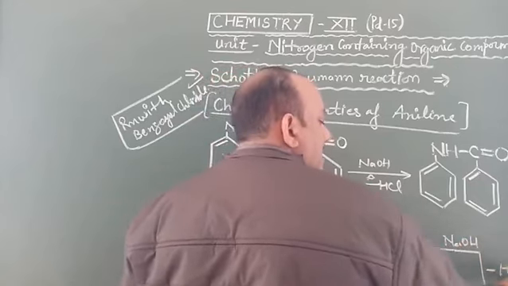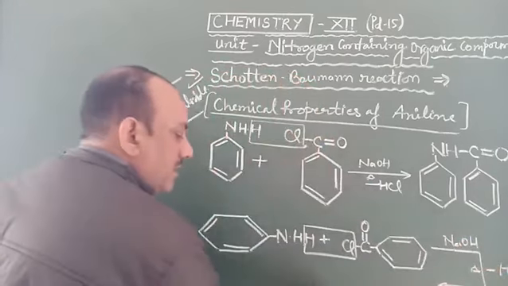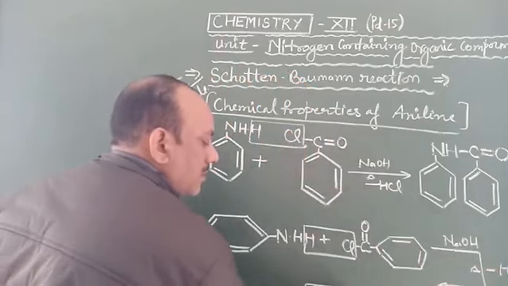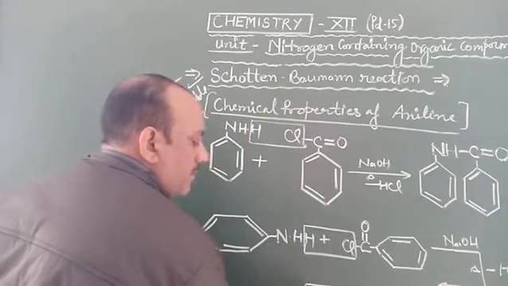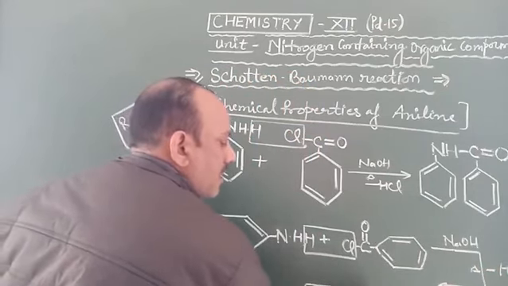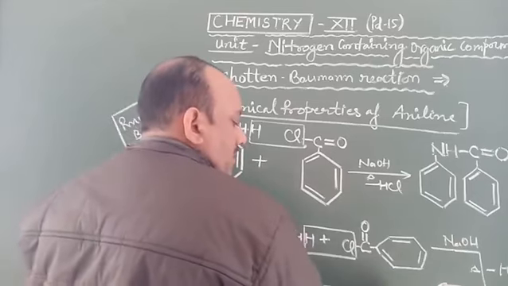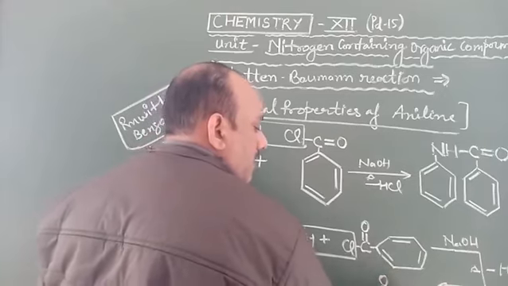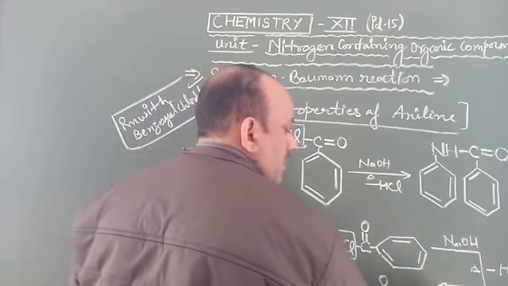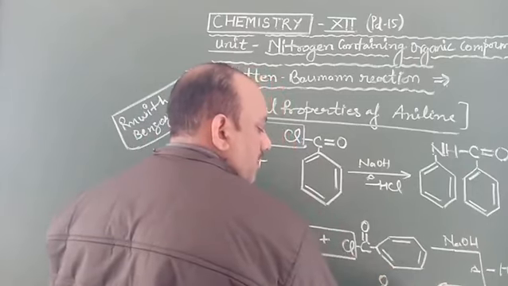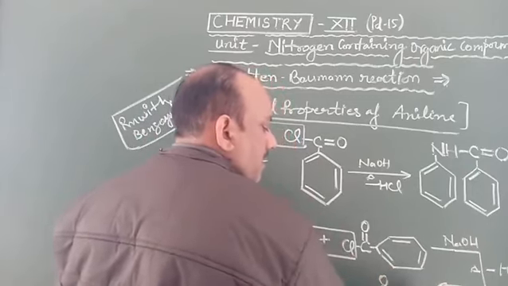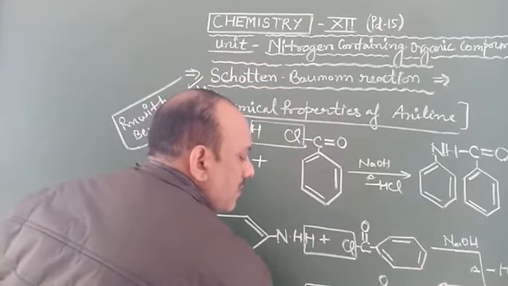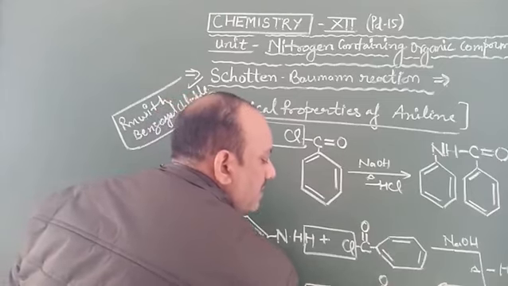It eliminates HCl to make NH, C double bond O. This one is known as benzanilide.